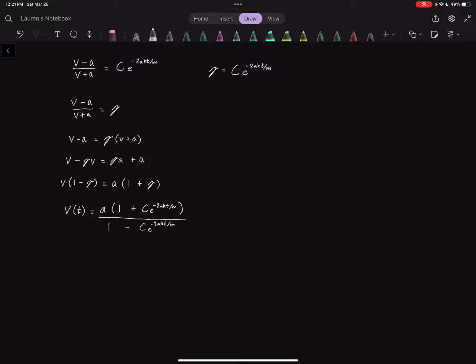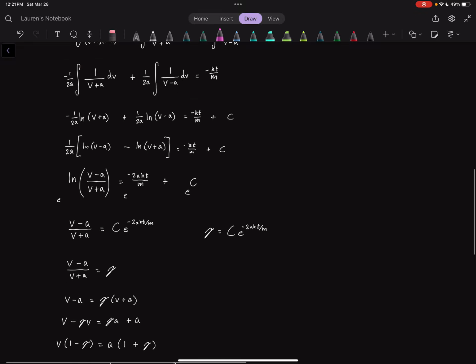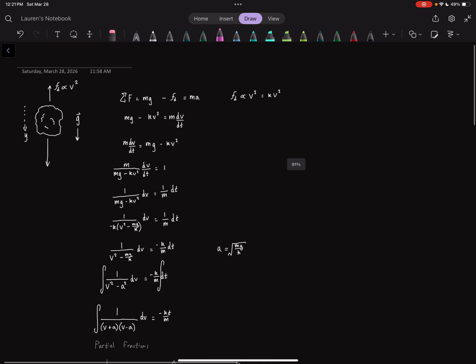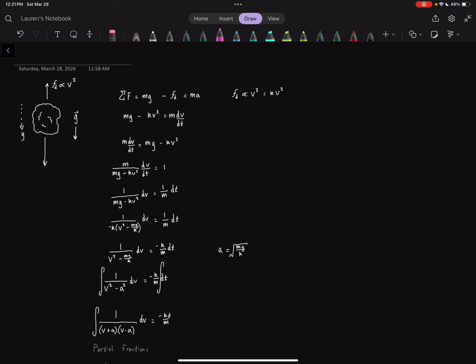So instead of going and solving for that constant, we're just going to stop it there, but we're going to do our same terminal velocity evaluation here. So back up here with our free body diagram and our Newton's second law approach, terminal velocity means that mg is equal to the force of drag. And the force of drag is kv squared.